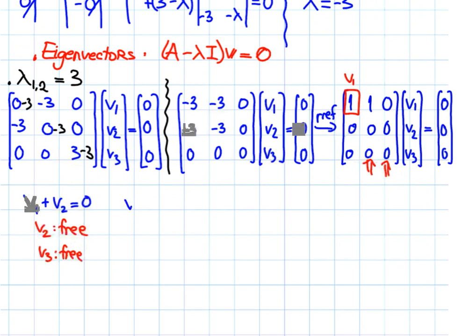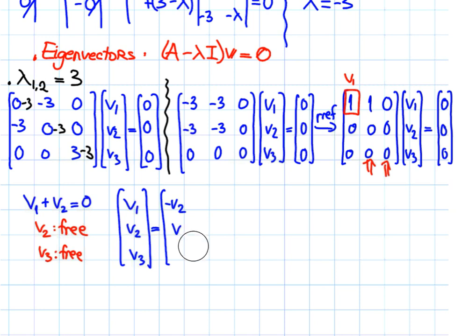So we write V1 equal to negative V2, or in the vector form, V1 is negative V2, and V2 is V2. V2 is free, so equal to itself. V3 is free, equal to itself.